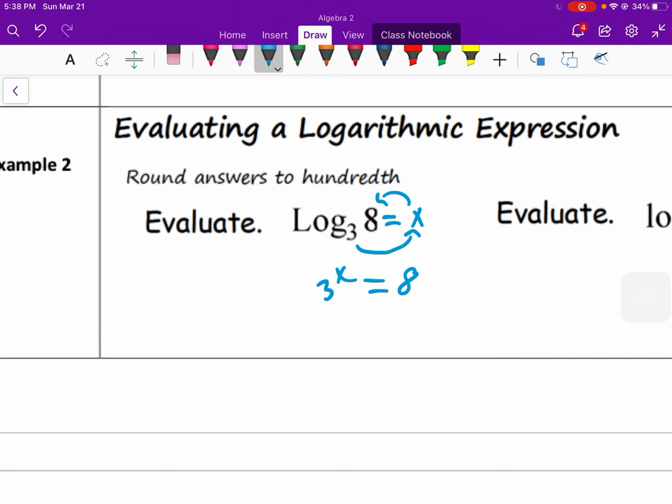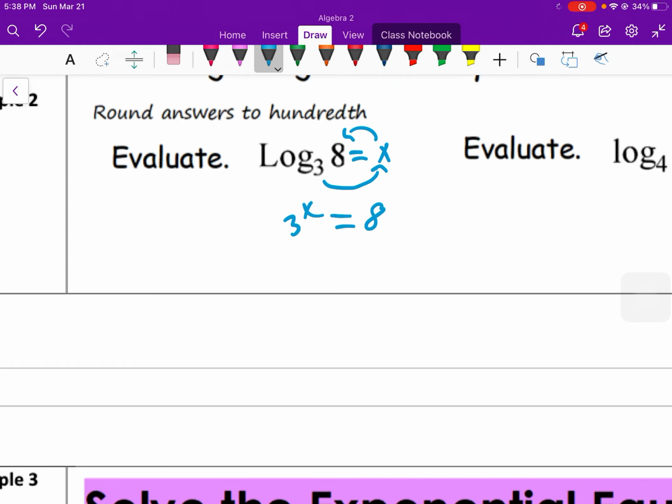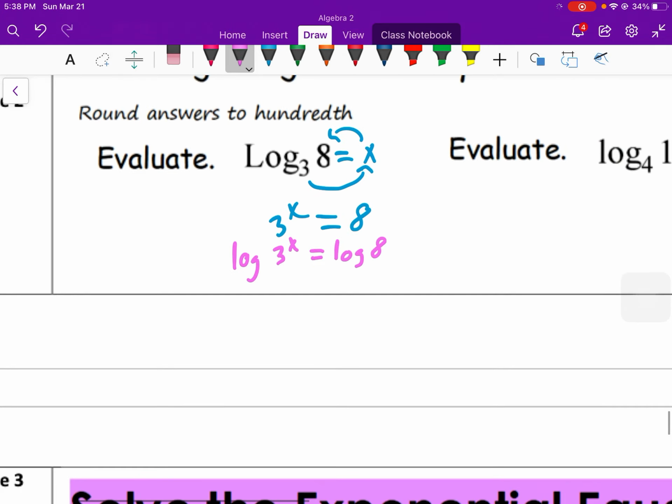A property that we can now use is taking the log of both sides. If I take the log on both sides, it's log of 3 to the x equals log of 8. And the common log we're using, or my base, is 10. There's an implied 10 right there.